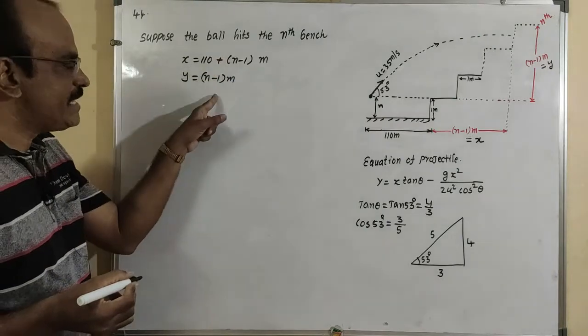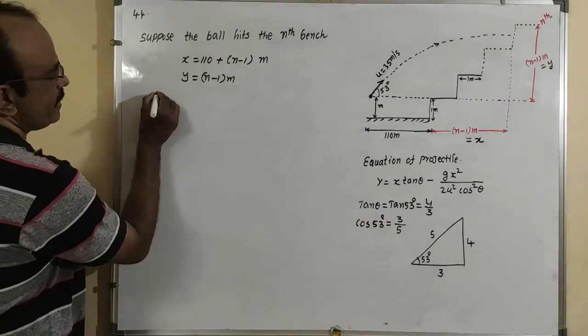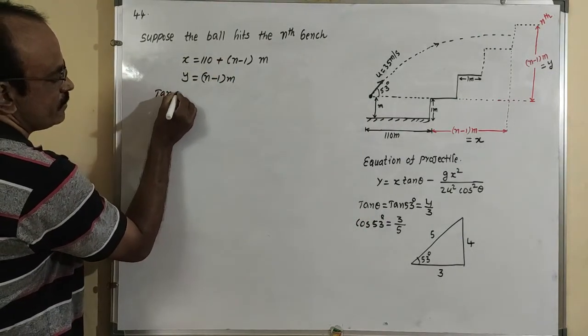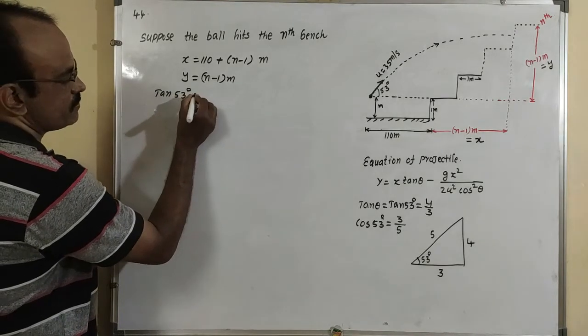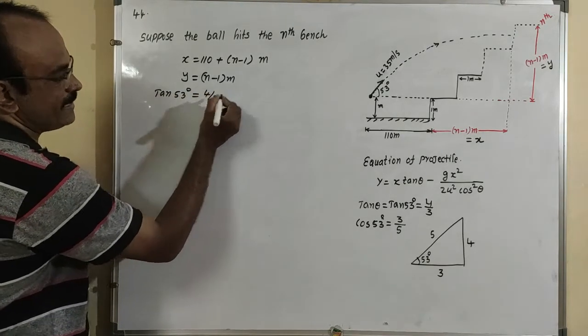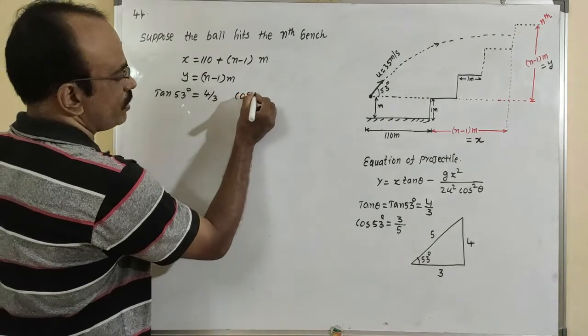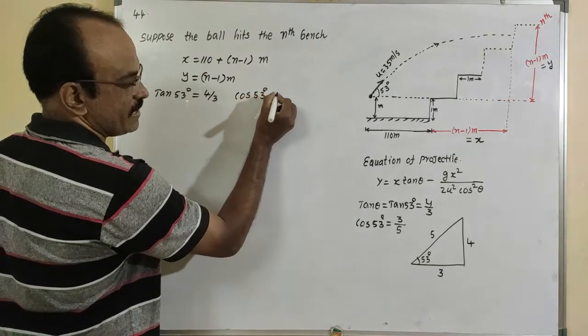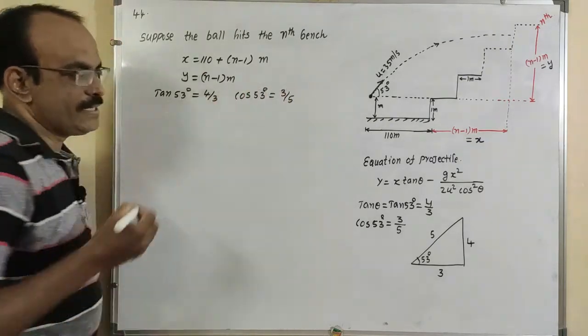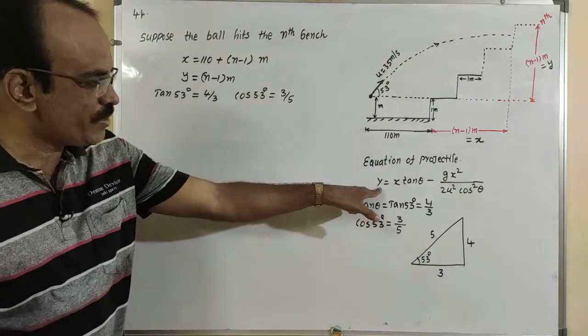Now substitute these values, including tan 53 degrees equal to 4 by 3 and cos 53 degrees equal to 3 by 5, in this equation.